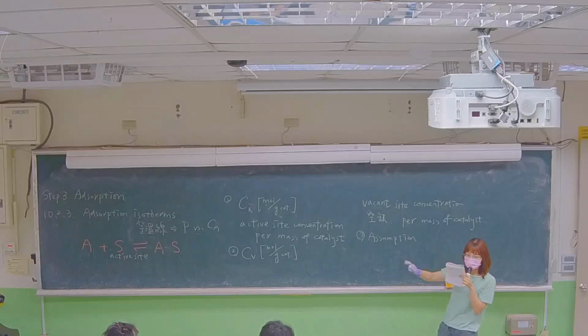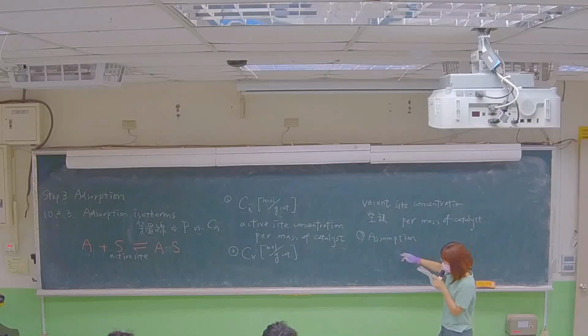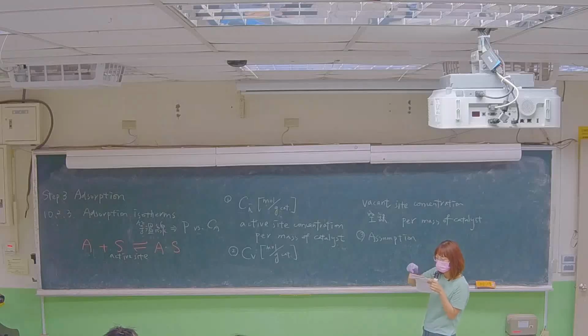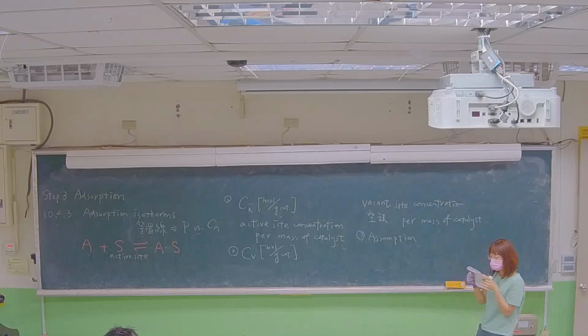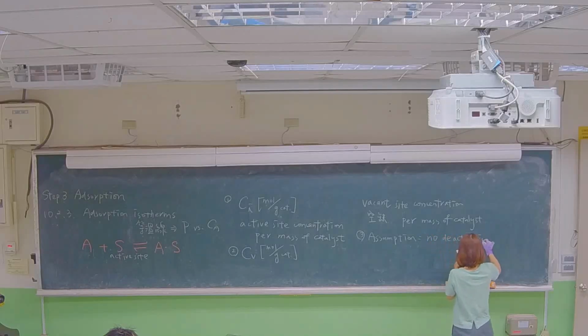Actually, in real world, this condition is less happened. 很少发生这些事情哈。But to have easier calculation, we have to assume something. So you see the third one. Assume the total concentration of active sites remains constant. So the assumption is no deactivation of catalyst.